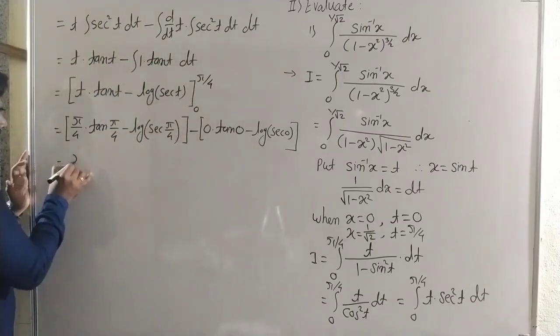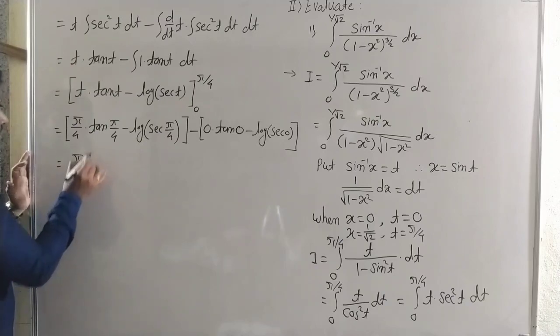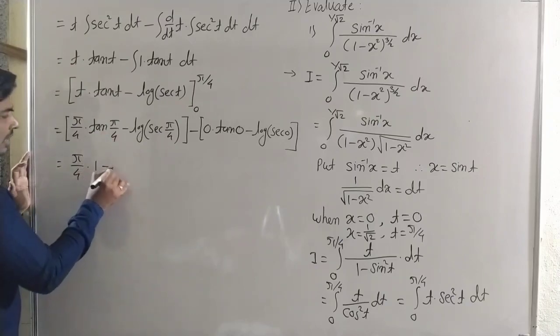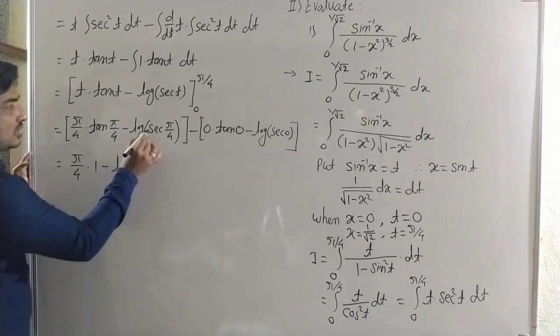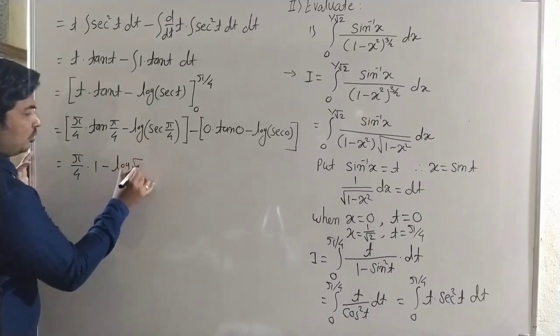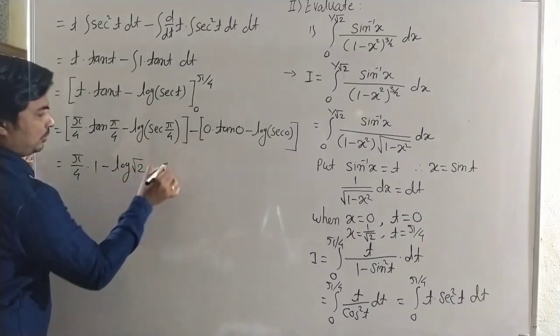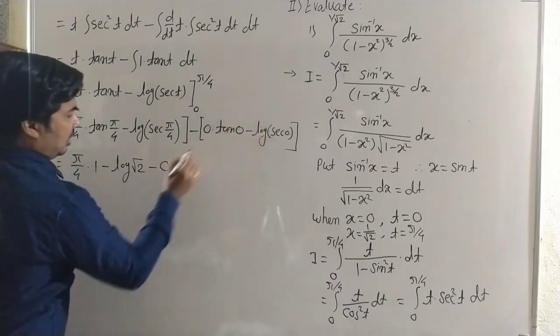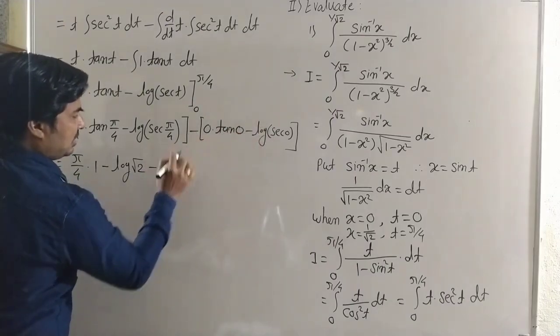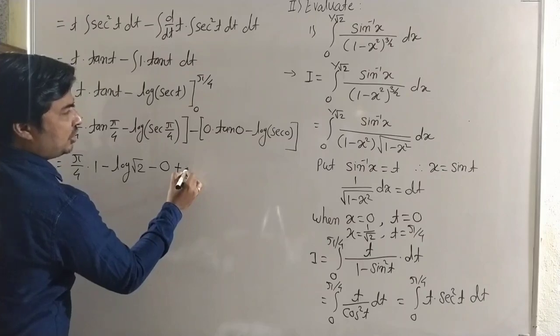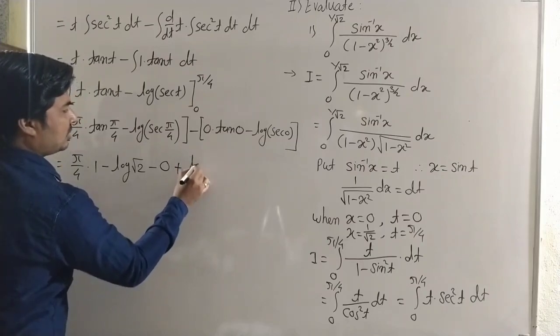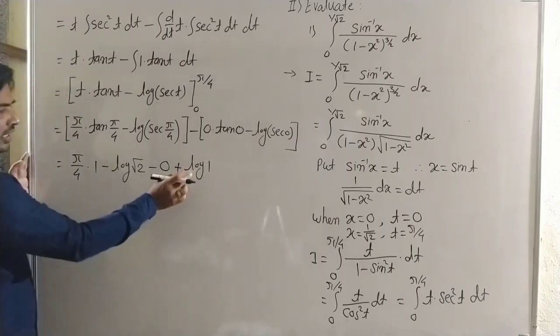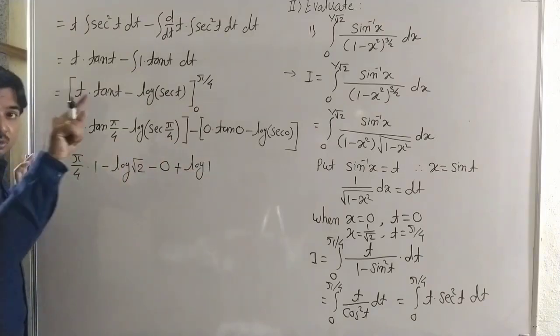Now calculate. Here it is pi by 4 into tan pi by 4, which is 1, minus log of sec pi by 4, which is under root 2, minus 0, and again minus this plus sec 0, which is 1, therefore it is log 1, and we know that the value of log 1 is 0.